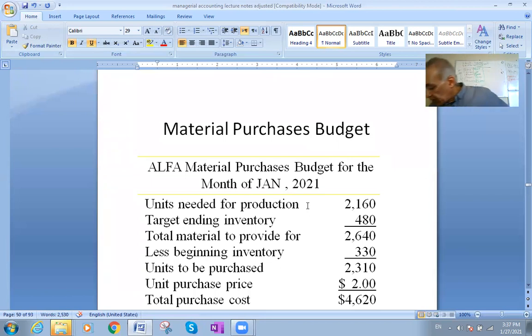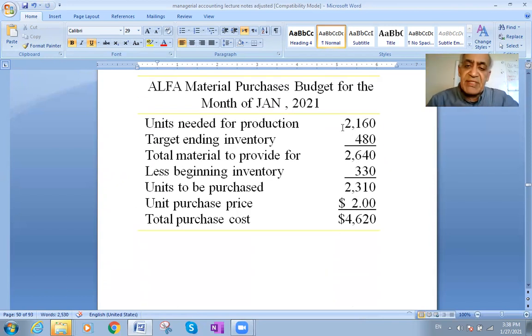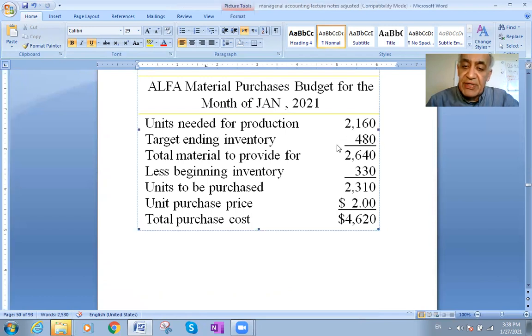So now what I want you to know is, for any budget, what you need comes first, then what you have in the ending inventory, ending purchases, ending materials, you add it, minus the beginning one. This will give you the units needed. It's a very easy formula, not very difficult. In this example we said 2,160 is needed for production, plus the targeted ending inventory of 480.